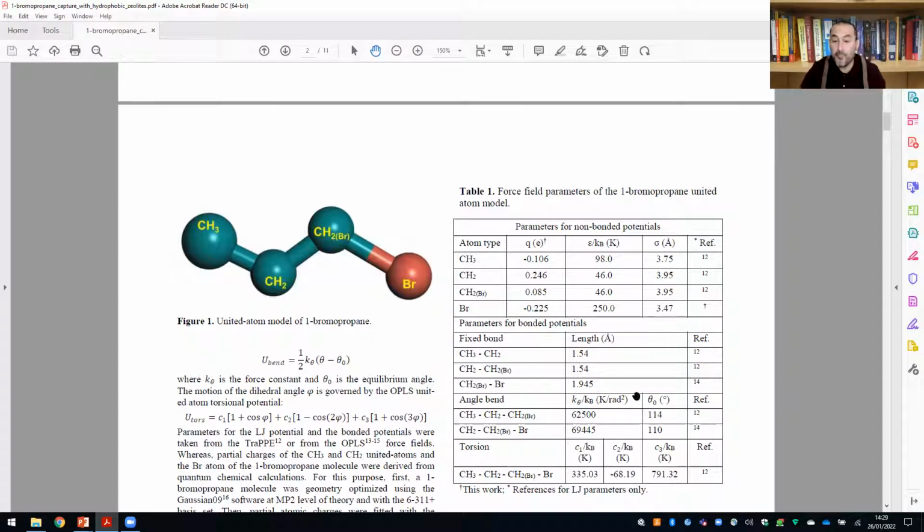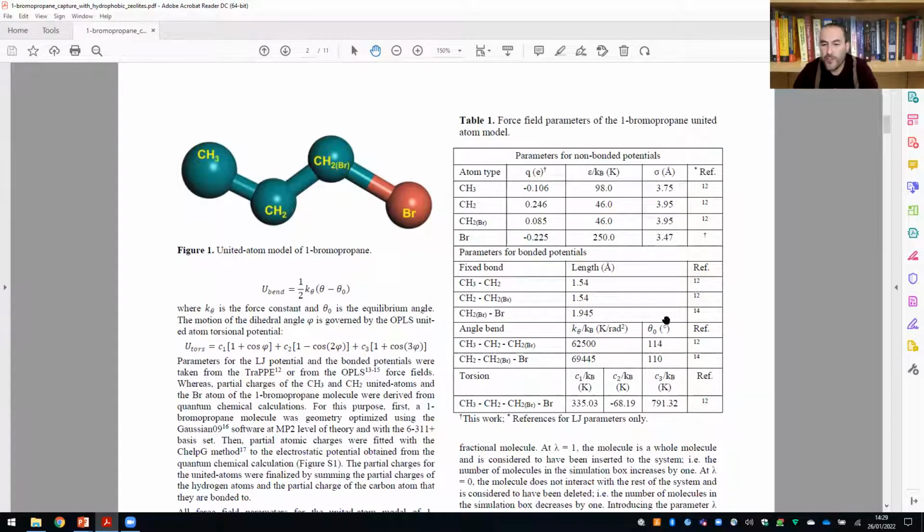This is literally a trial and error method. From the literature you can get some good estimates, a starting point, but you make educated guesses, and then you assign epsilon and sigma to each united atom. There are also some intramolecular potentials, which represent the vibrations between these united atoms, and then angles and torsion. I'm not going to go into that.